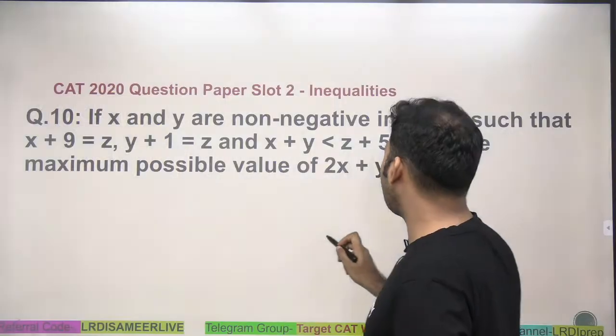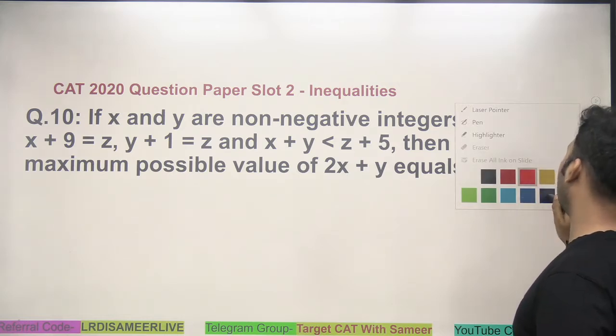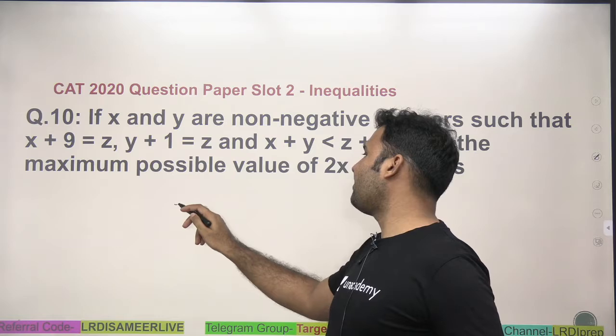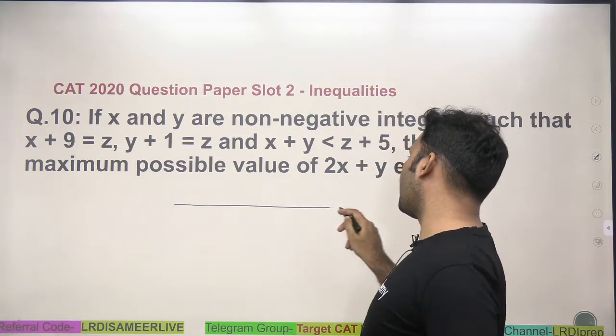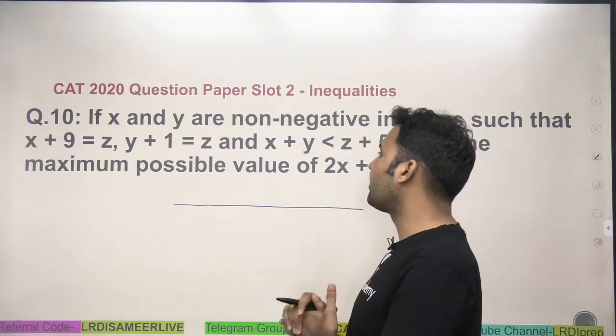x, y and z we know are nothing but variables, meaning those values which are unknown. But every point can be plotted on a number line. So whatever the value of x, it can be plotted on a number line.